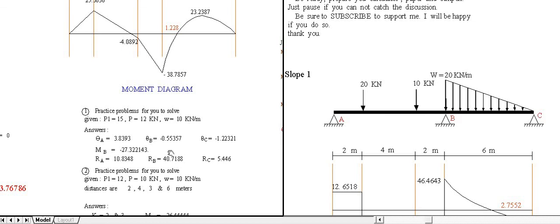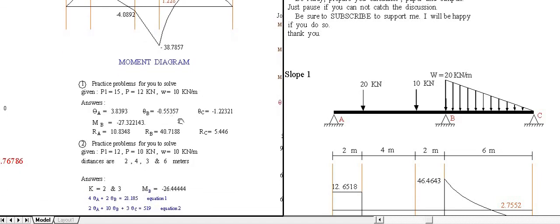Then solving for the theta and the moment, we have this. Simply, I will not show the solution. You have to do it on yourself. RA is 10.83, RB is 40.718, RC is 5.446.